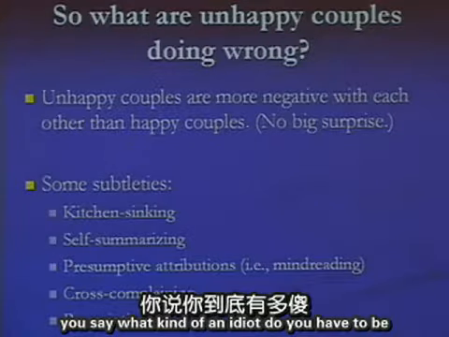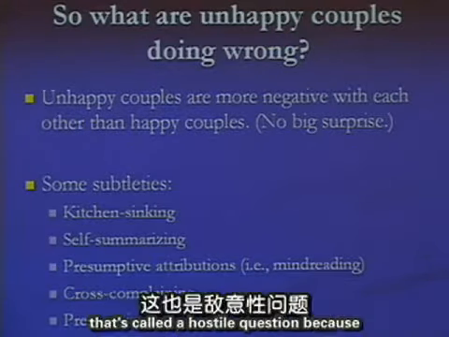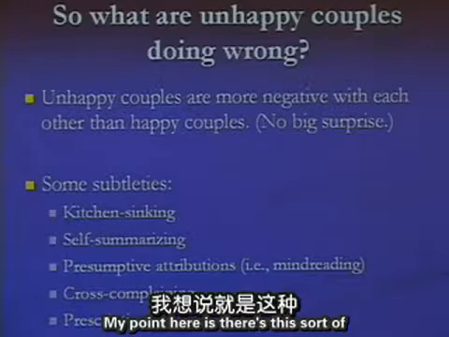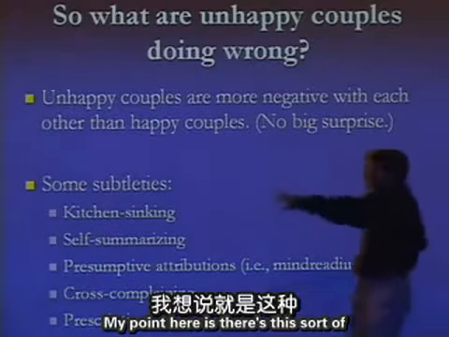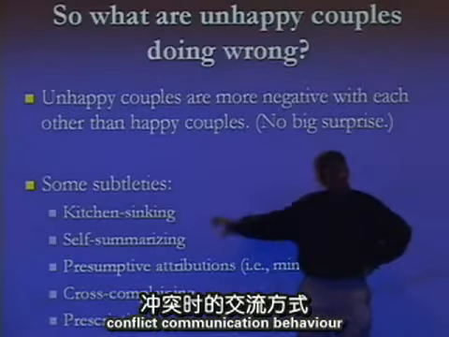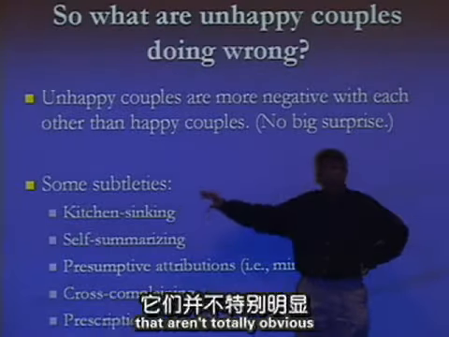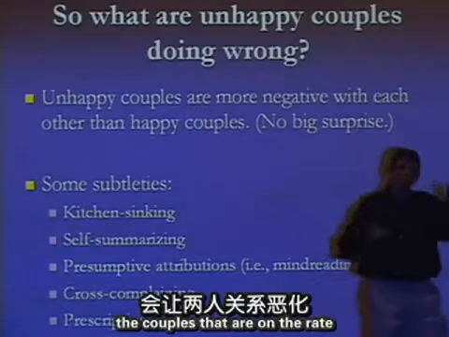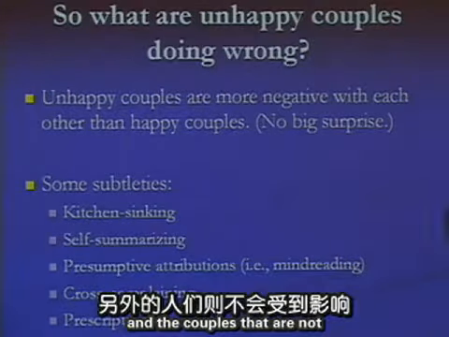If you say, what kind of an idiot would you have to be to pay $500 for that? Well, that's called a hostile question because the answer isn't, oh, this is the kind of idiot I'd have to be. My point here is these are sort of conflict communication behaviors that really aren't totally obvious, but really distinguish between the couples that are on the way to closeness and the couples that are not.